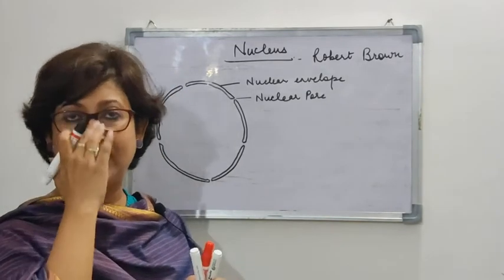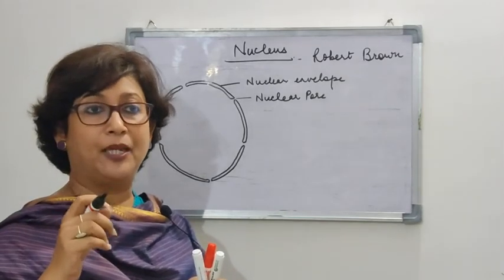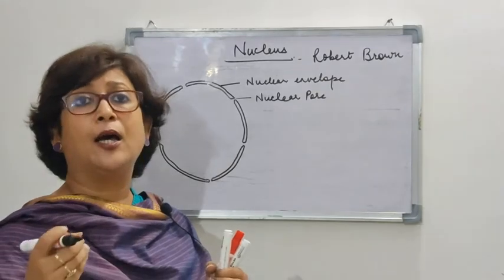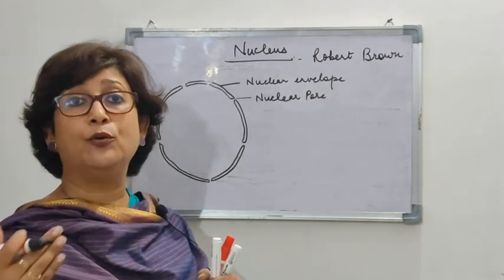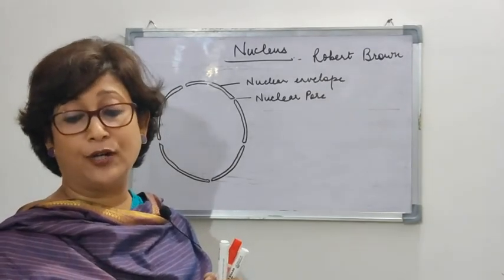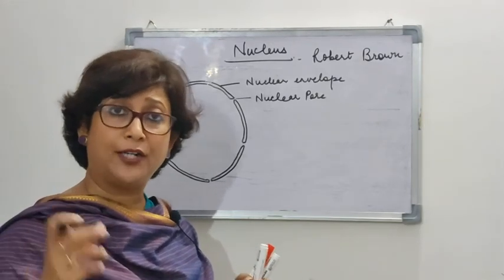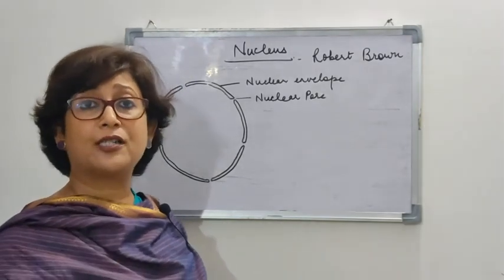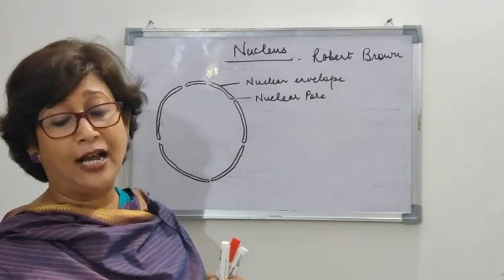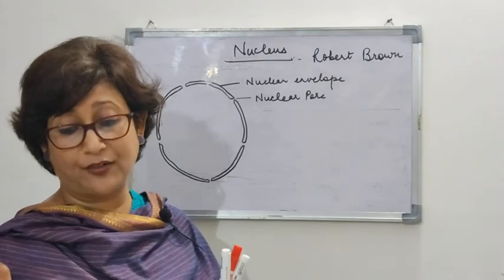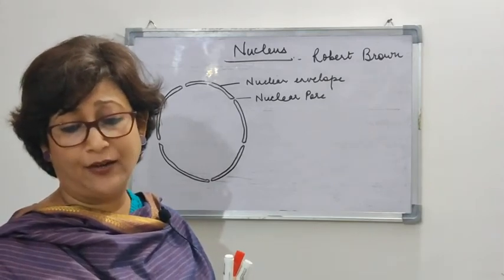So a single nucleus may be present in a cell, or more than one nuclei may be present, right. So the cell may be uninucleate if only one nucleus is present. If two are present, they are known as binucleate, and if more than that are present, then they are multinucleate, or polynucleate, right.